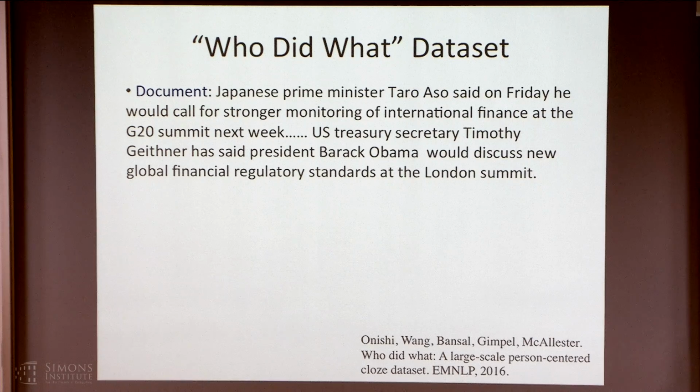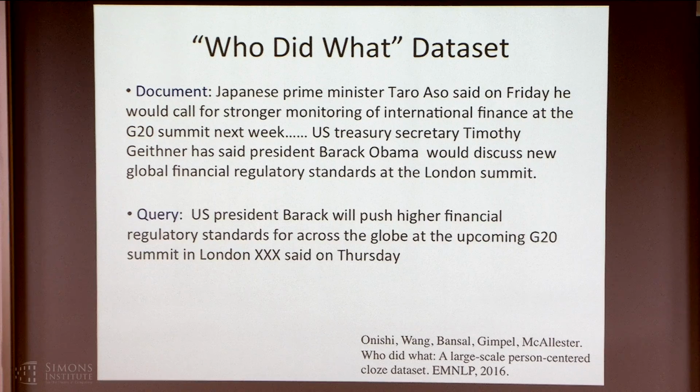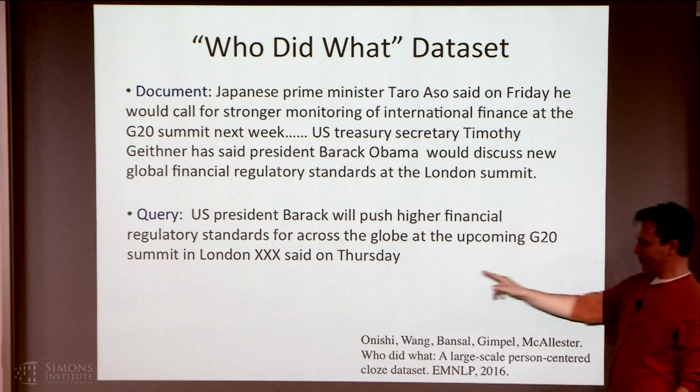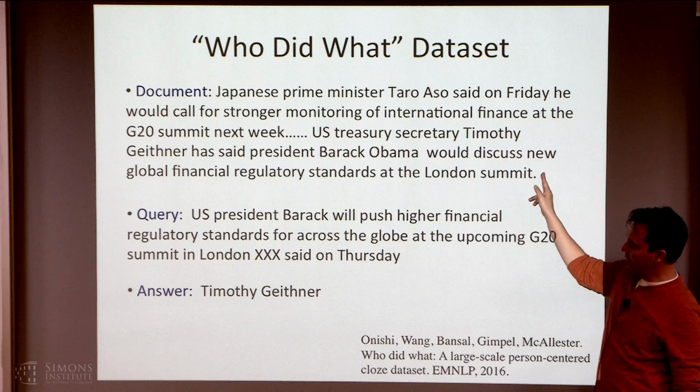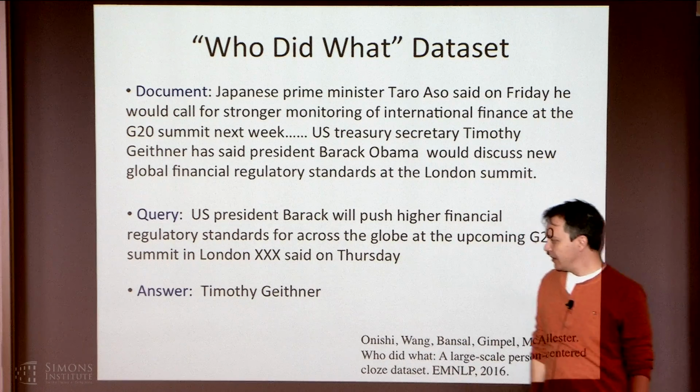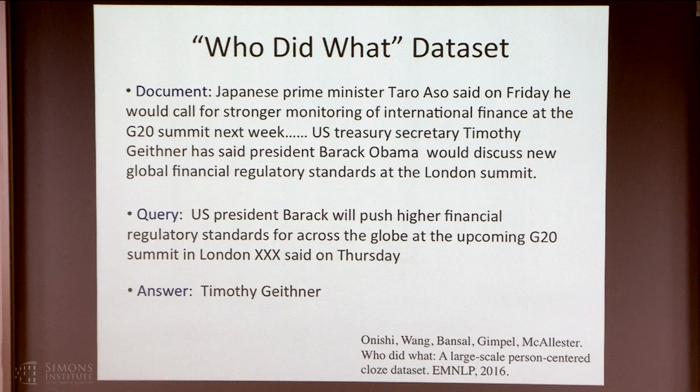Imagine that you have a document, Germany's Prime Minister said on Friday, and so forth, a whole document, and then there is a query: US President Barack Obama will push for higher financial regulatory standards, said on Thursday. And the question is, who said? By looking at the document, you have to answer that it's Timothy Geithner who said that.